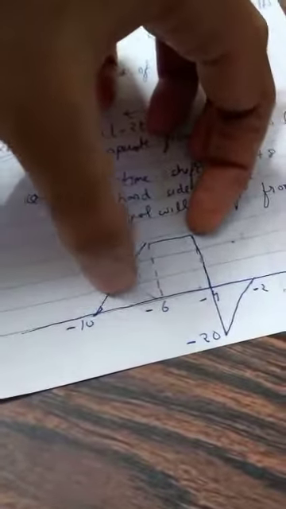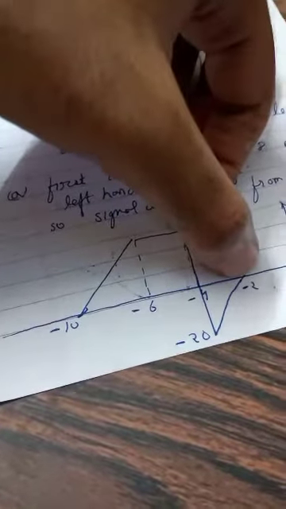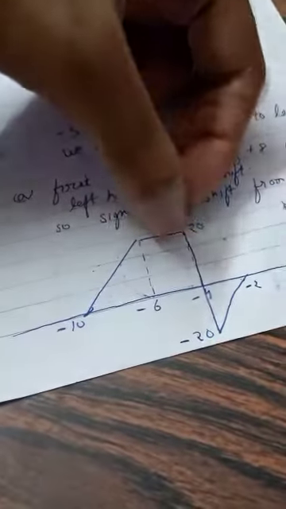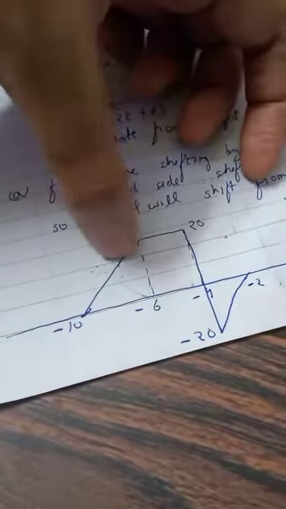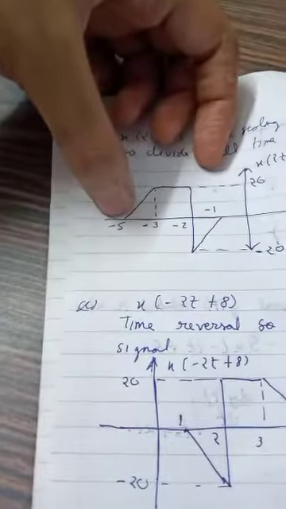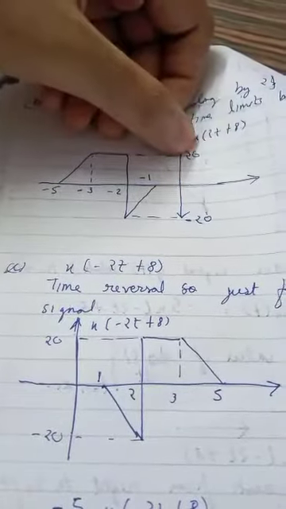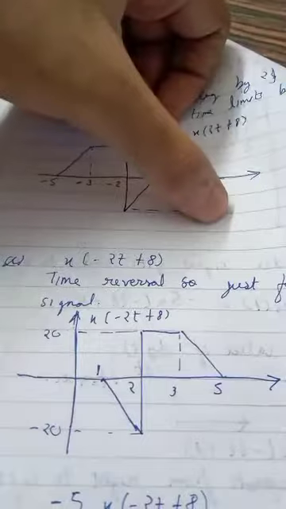So -10 will be divided by 2, -6 by 2, -4 by 2, and -2 by 2, and the rest will remain the same. There will be no change in the magnitude values. So it will get -5, -3, -2, -1. There is no change in the shape or the magnitude of the signal. So this will remain 20 and this will remain -20.